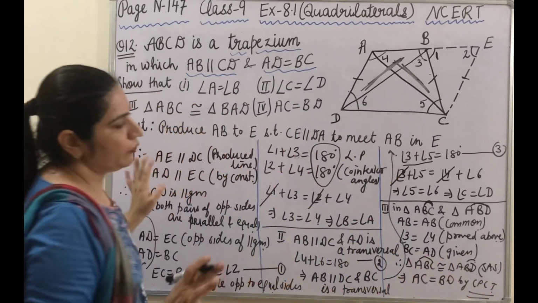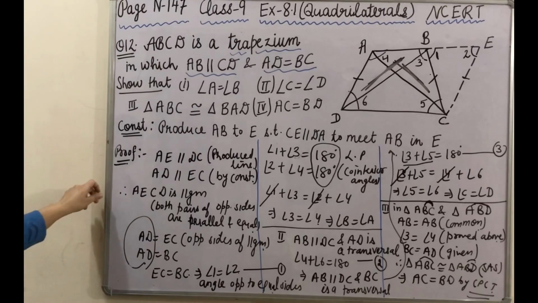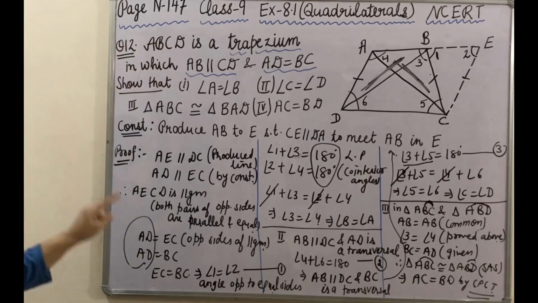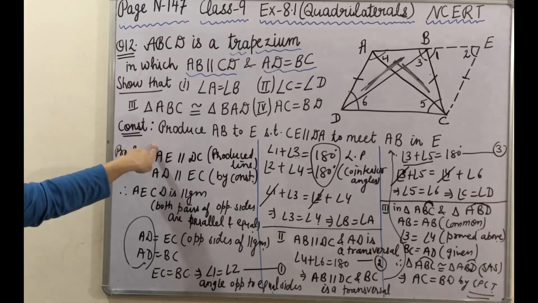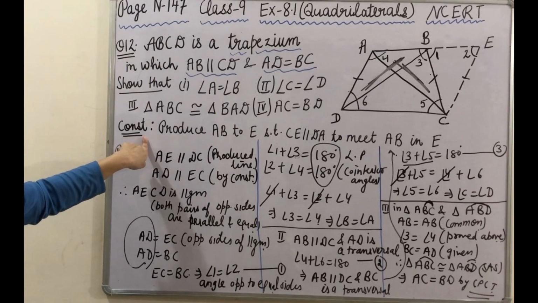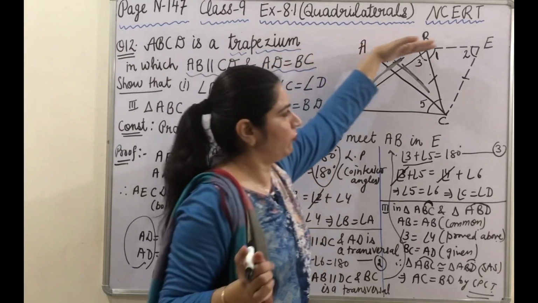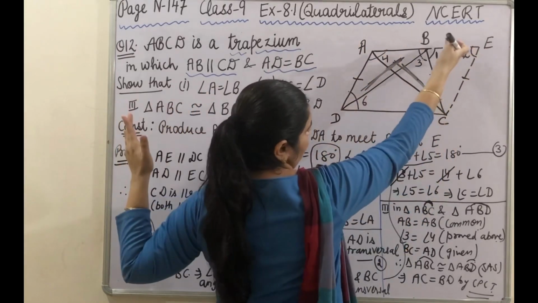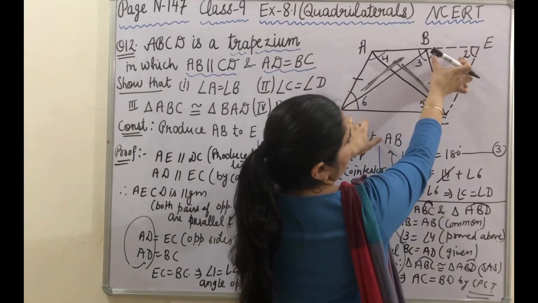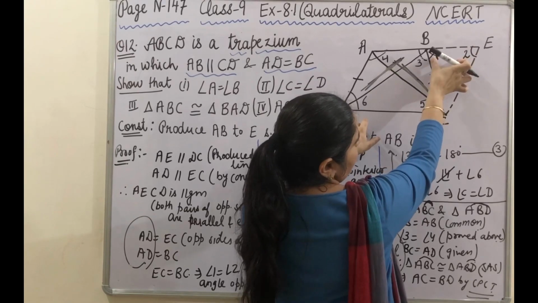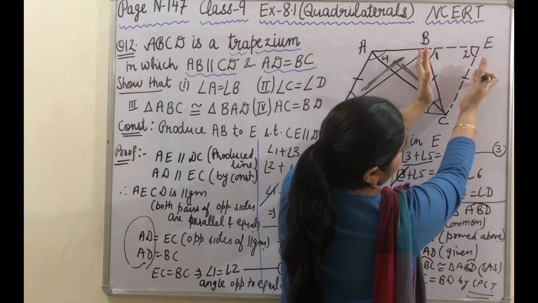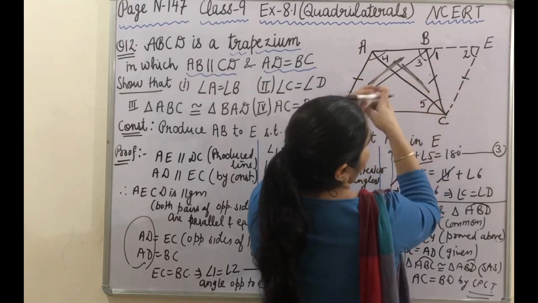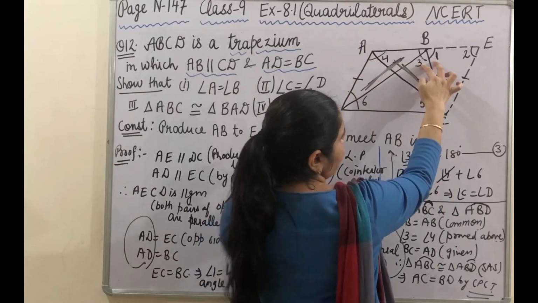This question is very important. Do the question very carefully. Just see the figure. Here the requirement is of construction. If you do not do the construction, then it will not be possible to prove the question. Do the construction first. Prove this is a parallelogram. After proving this is a parallelogram, here we can write down these two angles are equal. When sides are equal, angles are equal, then here we have used the linear pair concept.